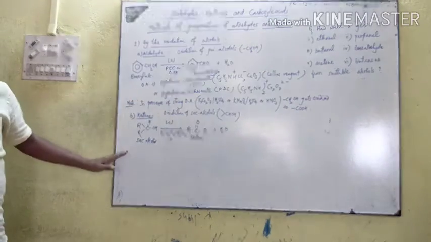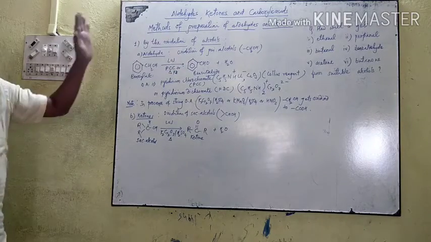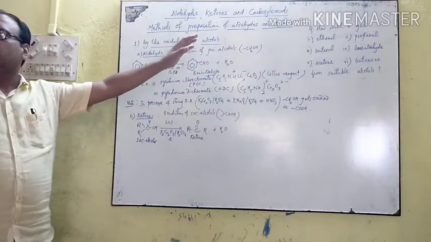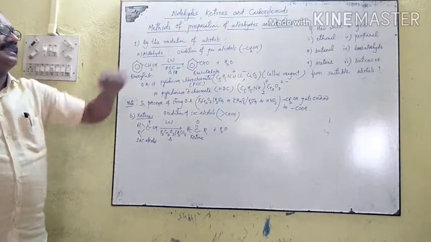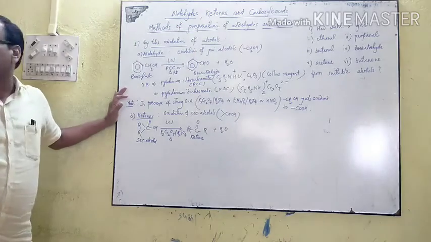So this way you can go through different reactions. Actually this is repetition. I won't give you much more detail of it. You have to work on it, think over it, and try to prepare all these aldehydes and ketones by making use of alcohols only.